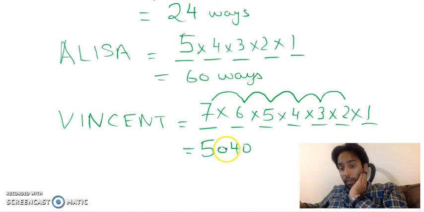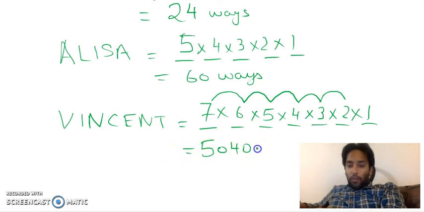Now, obviously, it would not have been a good idea to write all the combinations, and if you did, respect. 5040 ways.